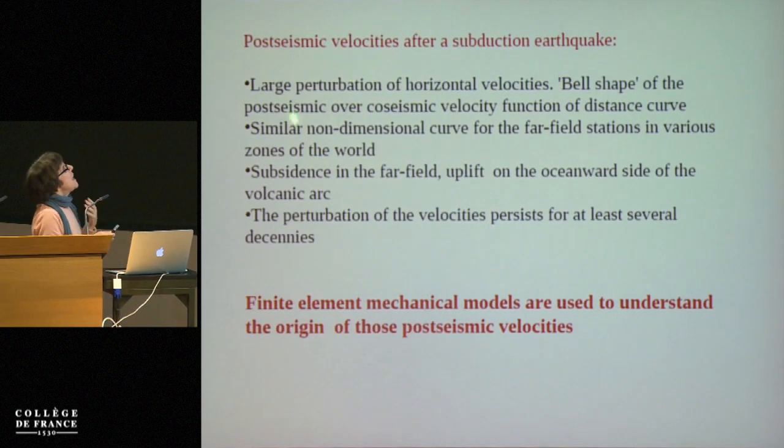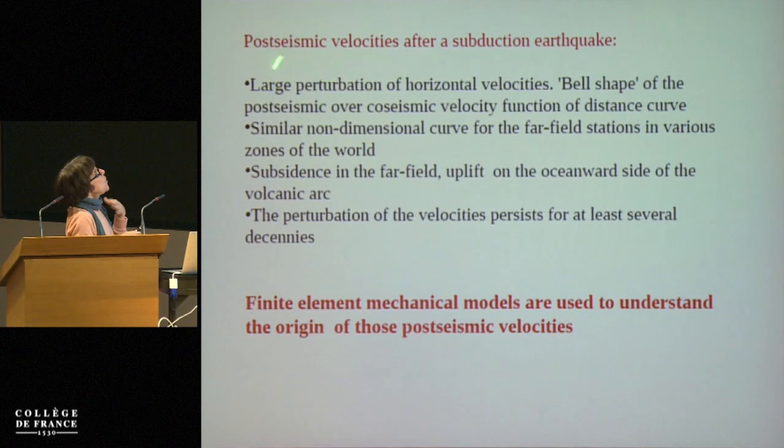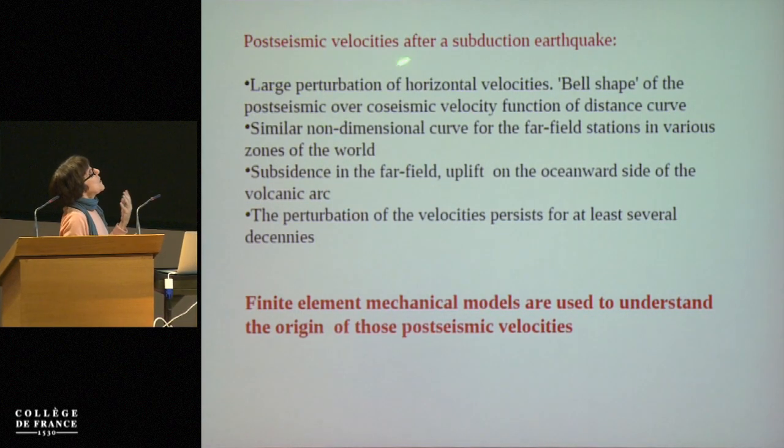So to summarize what we see, just looking at the velocity perturbations, there are large perturbations of horizontal velocities. And when you plot them as a function of distance to the trench, you get a kind of bell-shaped curve.